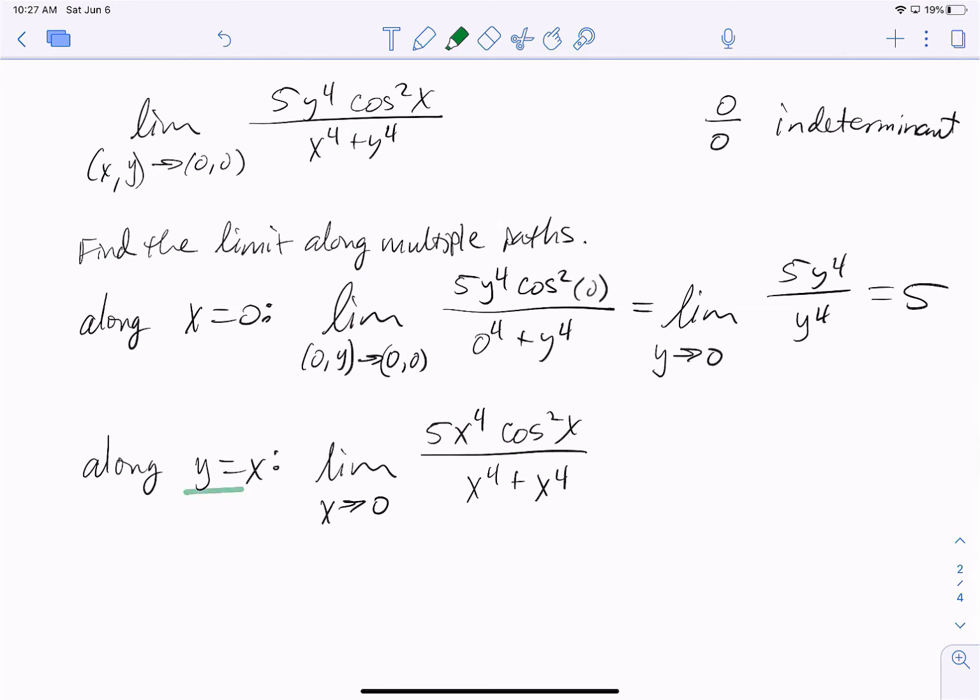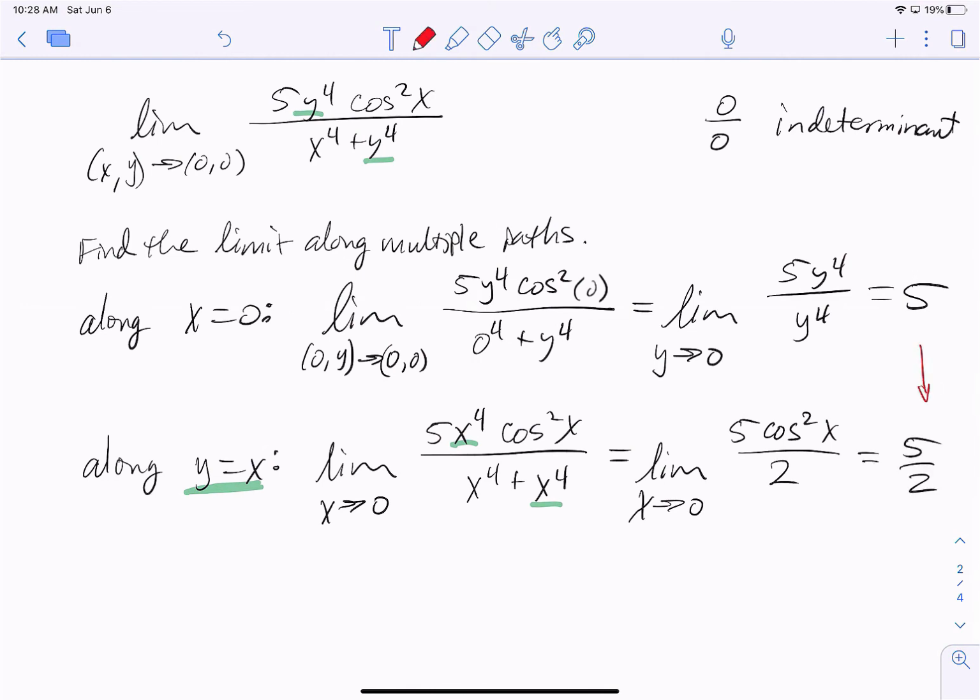Well, we're letting y equal x. And so everywhere we had seen a y before, we now have an x. By simplifying and dividing, we see that this becomes the limit as x approaches 0 of 5 times the cosine squared of x divided by 2. And now direct substitution yields 5/2.